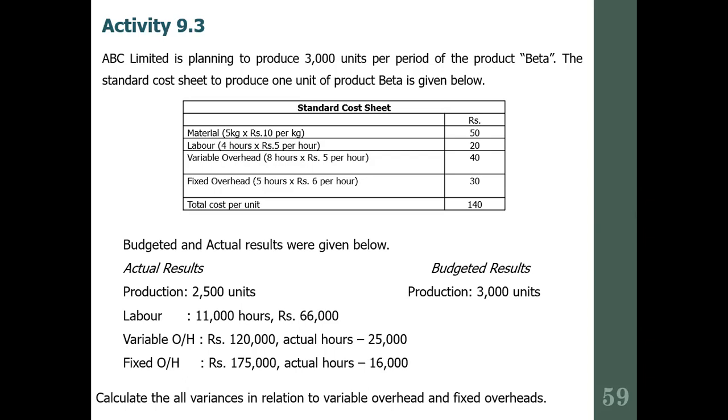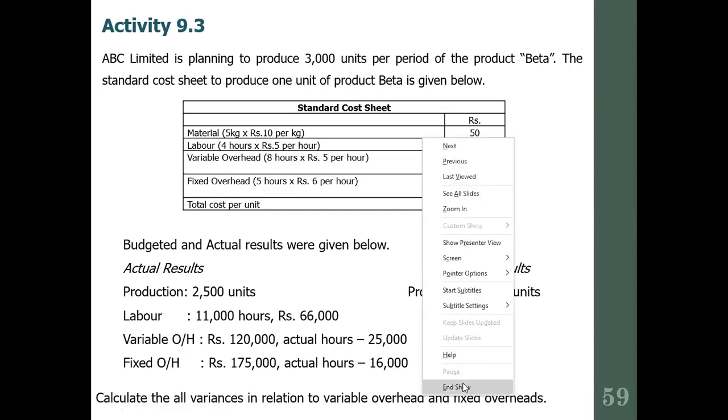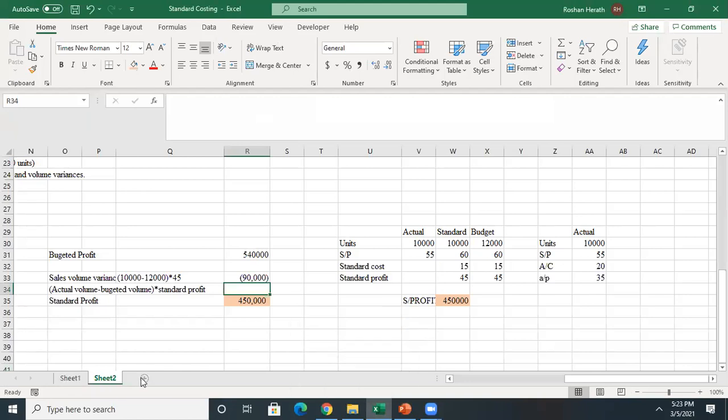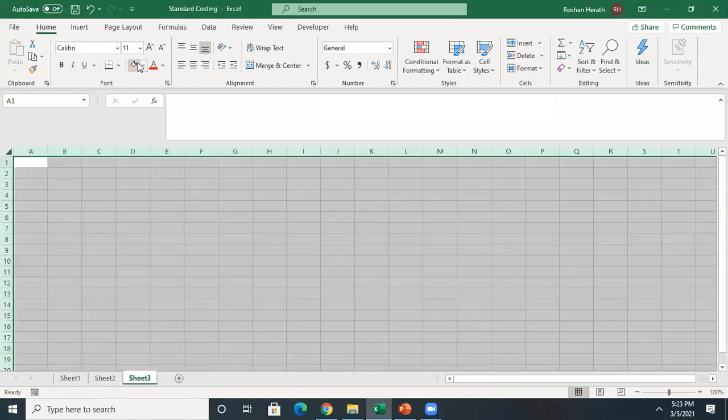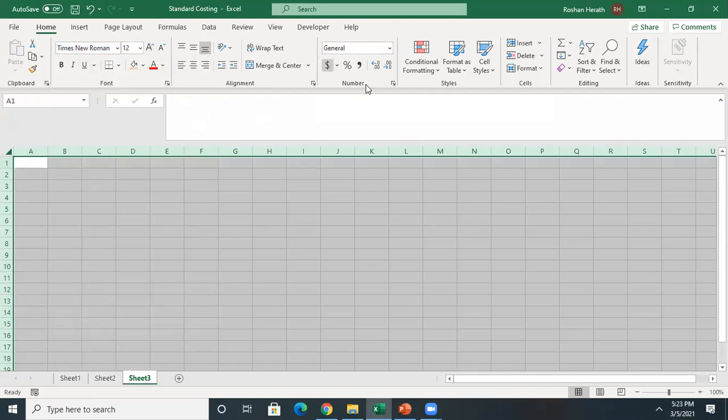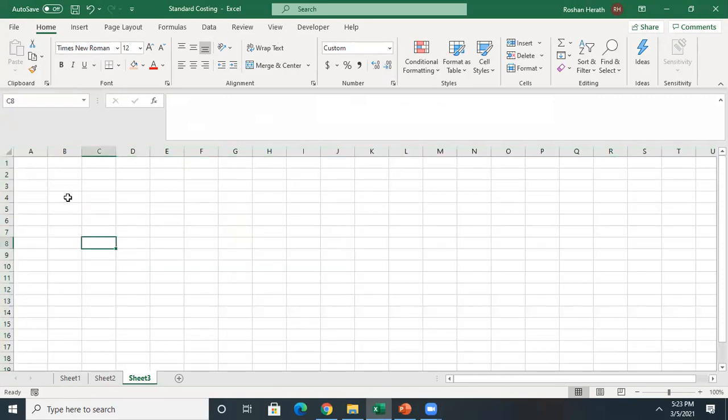Okay, let us calculate some. It won't take much time. Let me copy the information.